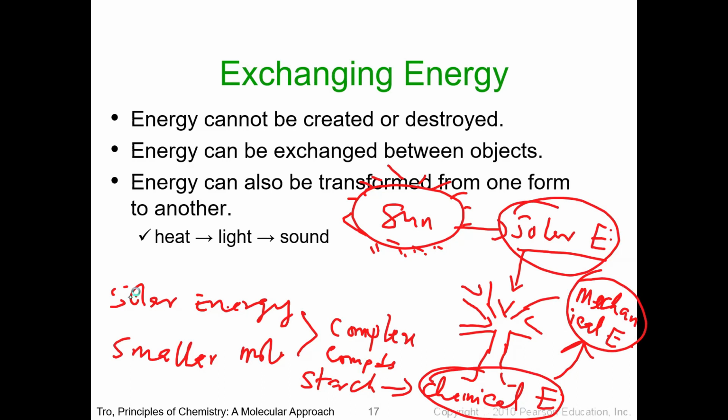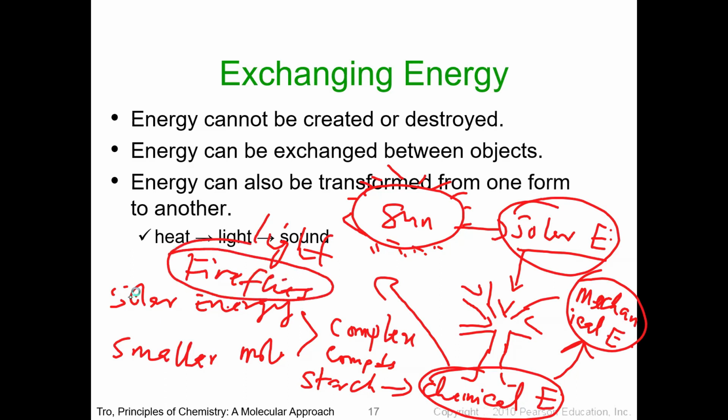At the same time, this chemical energy in some other organisms can change into light energy, for example in fireflies. So energy can neither be created nor destroyed, but it can change from one form to another. This is what you call the first law of thermodynamics.